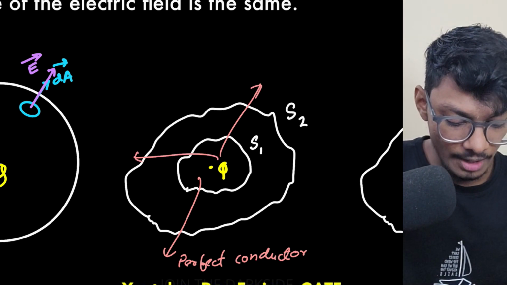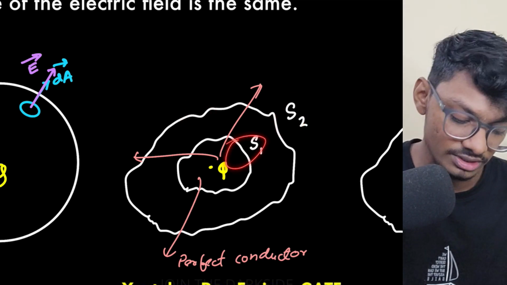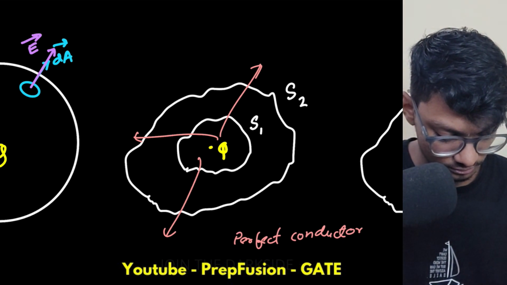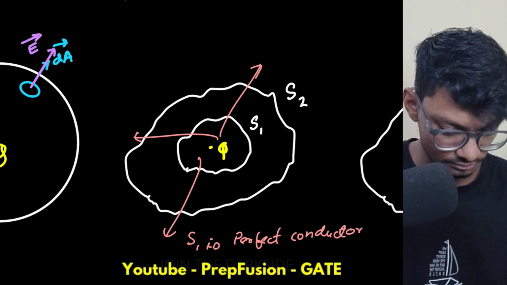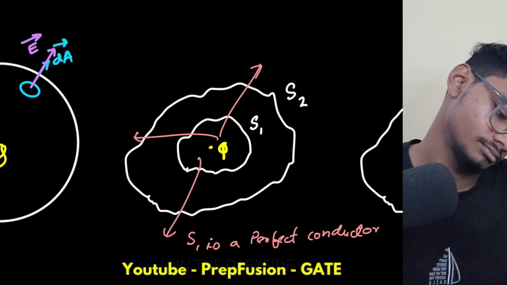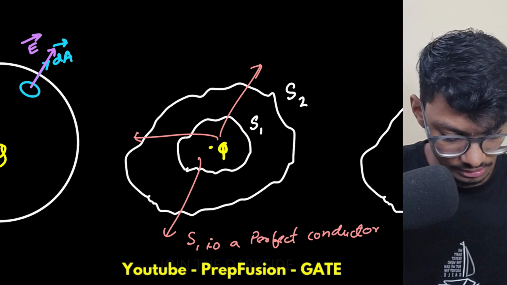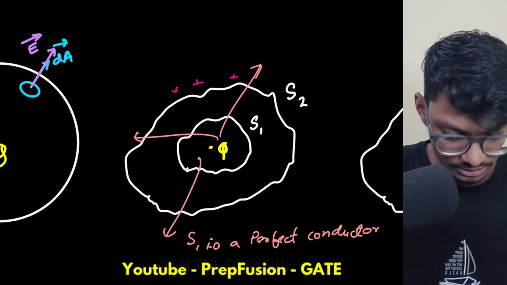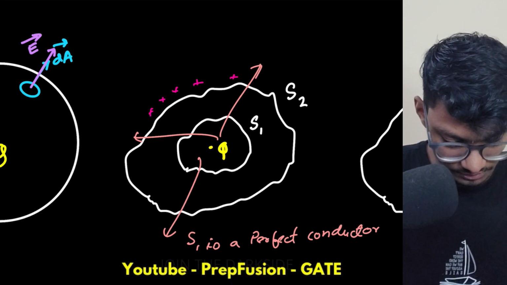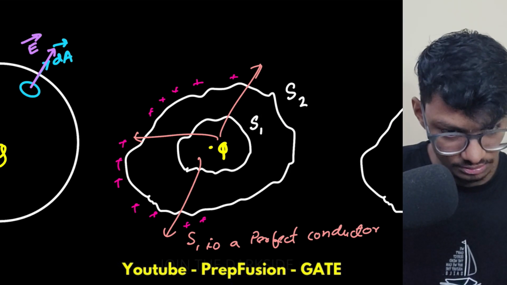Due to this plus Q, this surface S2 is not a conductor, and surface S1 is a conductor. So all the positive charges will be forced in this direction and gathered here, and all the negative charges will be gathered somewhere around here.